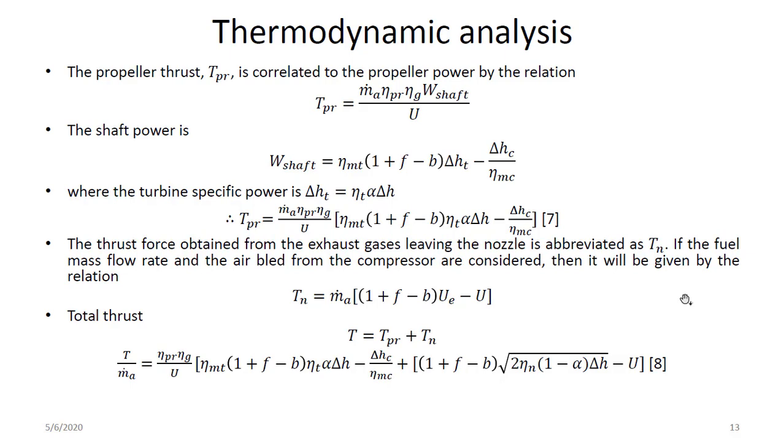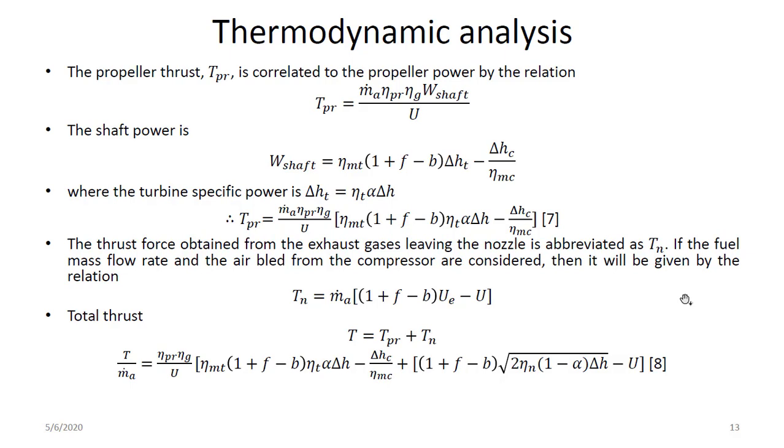And the specific thrust, which is equal to the total thrust divided by the mass flow, is given by equation 8. So equation 8 is merely you substitute, because we know equation 7, which is the propeller thrust, and the nozzle thrust. So you add these two, then divide by the mass flow, then you get equation 8.